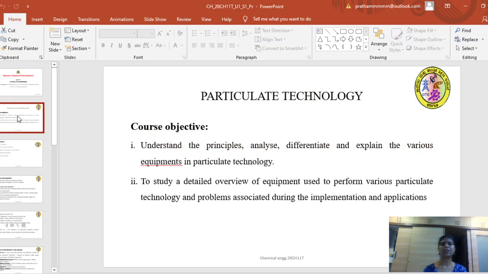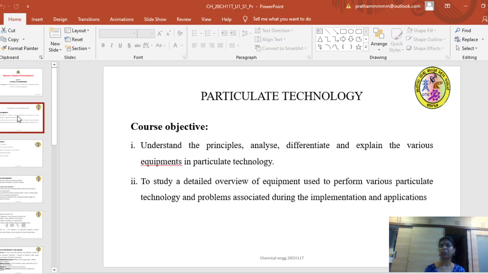Overall, the objective of this introduction to particulate technology is to understand the principles, and you have to analyze, differentiate and explain the various equipment used in particulate technology, whether size reduction equipment, filtration equipment, centrifugation equipment, sedimentation equipment, mixing equipment, or the conveyors.